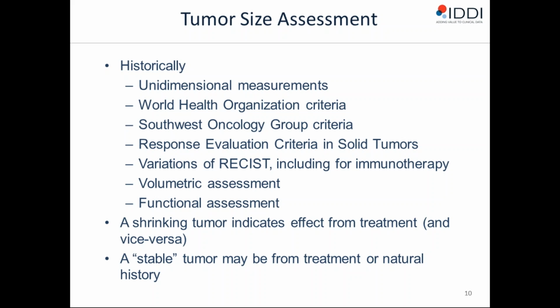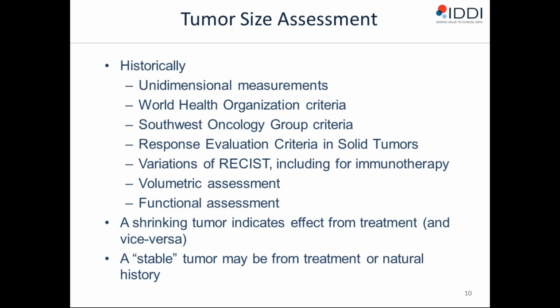Over the years, there have been variations of RECIST for various disease types, for example, for hepatocellular carcinoma, for neuro-oncology, and more recently, the RECIST group has published some novel guidelines more specific to immunotherapy.